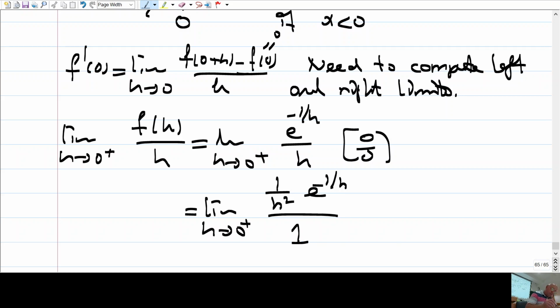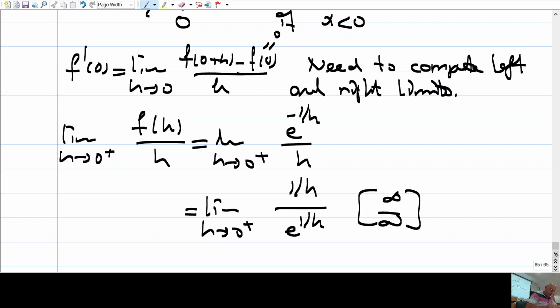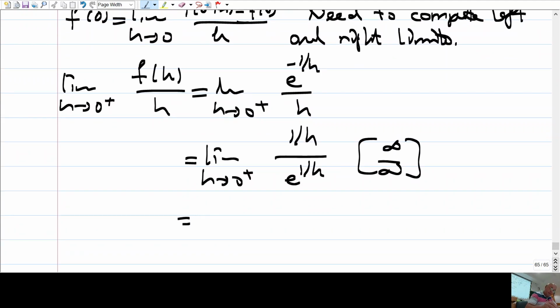Okay, this didn't work well. Let me do it this way. Let me write it as 1 over h over e to the power 1 over h. Now it is an infinity over infinity case. I can use L'Hopital's again. The derivative of the numerator is minus 1 over h squared. What about the derivative of the denominator? Minus 1 over h squared times e to the power 1 over h.